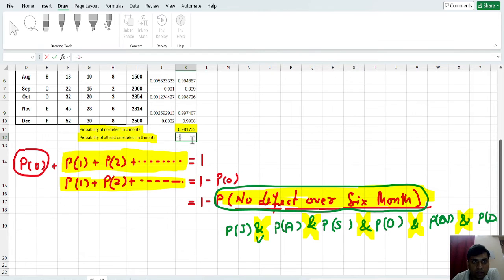We need to remove this highlighter. So simply we can type this value, or we can also click in this block.